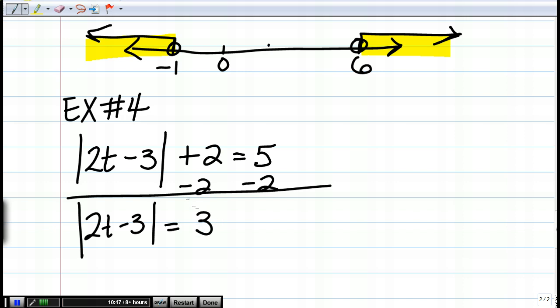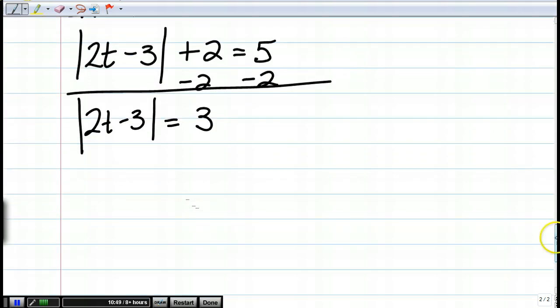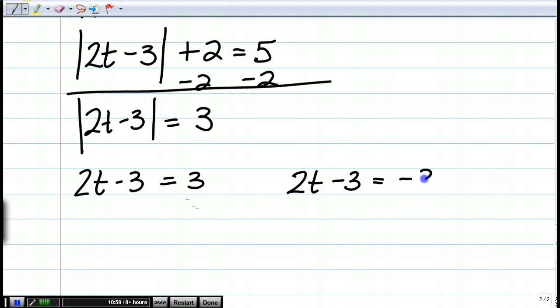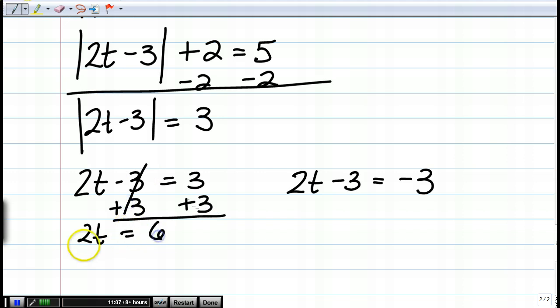And now you can rewrite your equation. The same goes if this was an inequality sign. So we're going to have 2t minus 3 equals 3, and 2t minus 3 equals negative 3. And you go ahead and solve these. You get 2t equals 6, divide by 2, t equals 3.